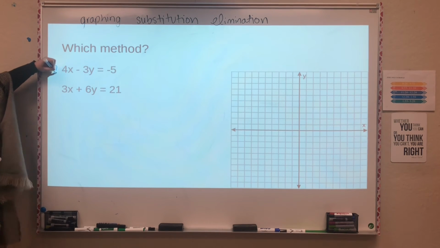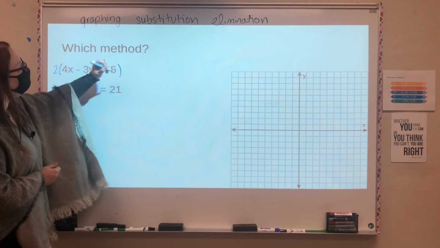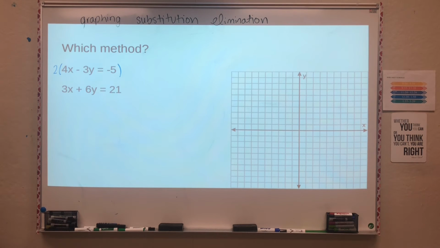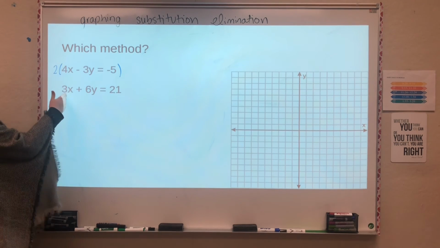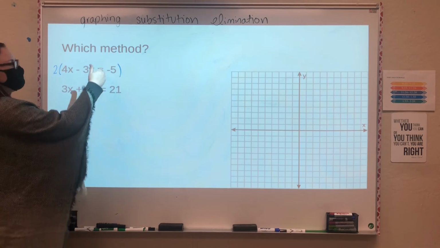Where is that 2 coming from? I guess it doesn't really come from anywhere. How did you know you wanted to multiply by 2, is what maybe I should ask. Because they're both lined up in order. So it's like x variable, y variable, equals a number.